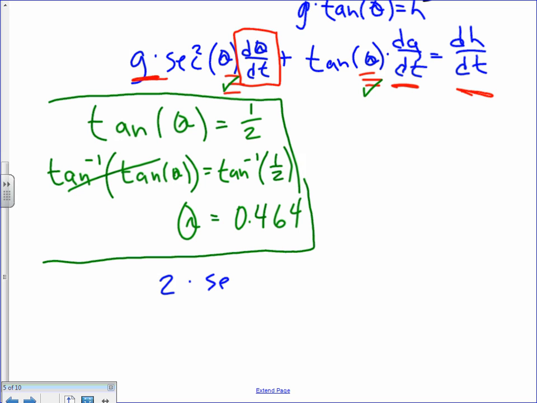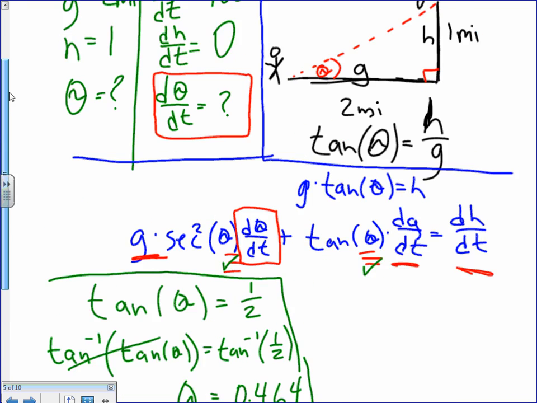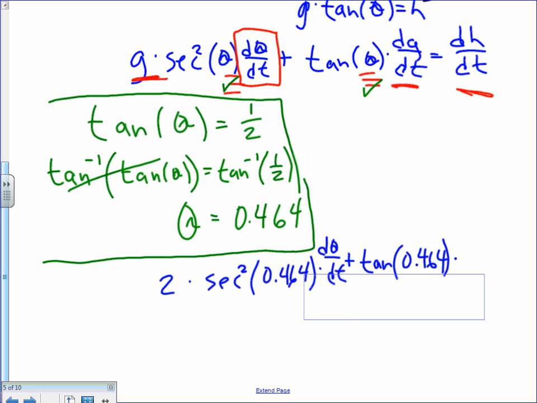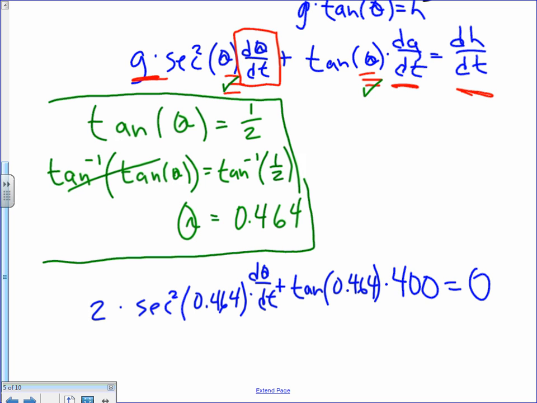Secant squared of 0.464 times d theta dt plus tangent of 0.464 times, what was dg dt again? dg dt was 400, dh dt was 0. All right, time to move everything over. dg dt was 400 times 400 equals 0.